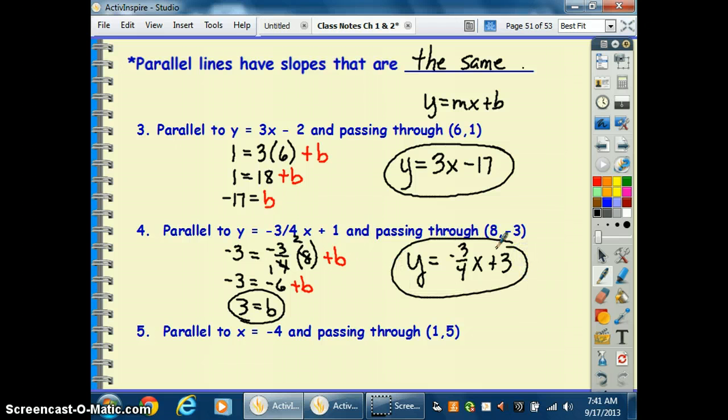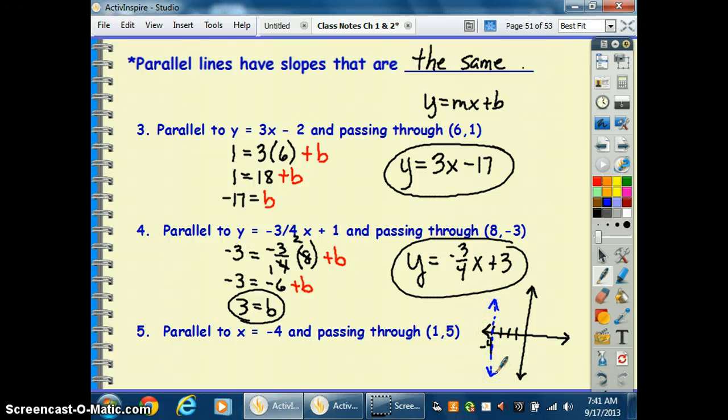The next one's kind of interesting. It says x equals negative 4. Just a quick sketch of that. Is it a vertical line or a horizontal line when it says x equals negative 4? It is a vertical line because x is out here, negative 4. So our line is going like this.